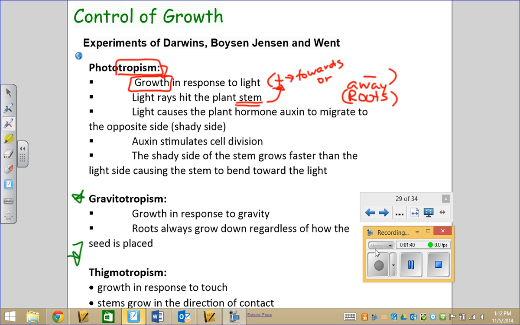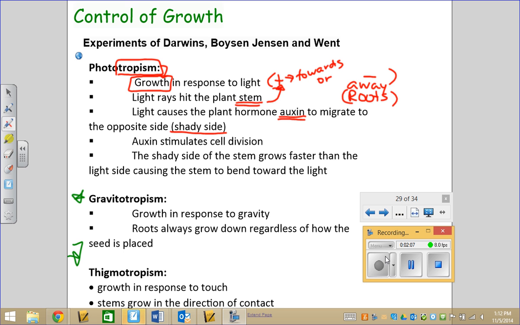Now, what happens when light rays hit the plant stem is that light causes a hormone called auxin to migrate, which means to move, to the opposite side, the shady side. So the side of the plant that's facing the light is not the side that's going to grow.